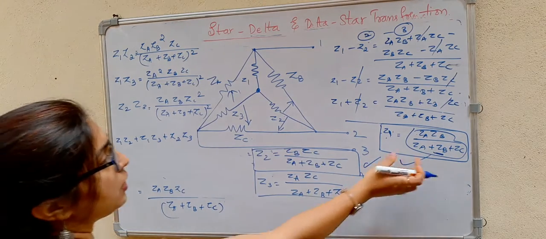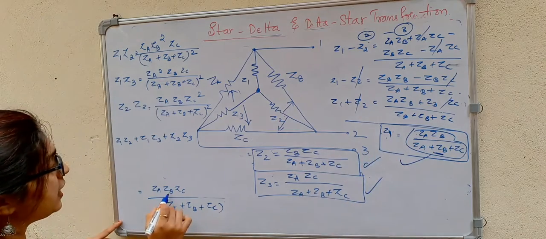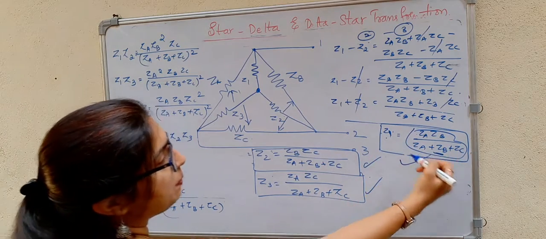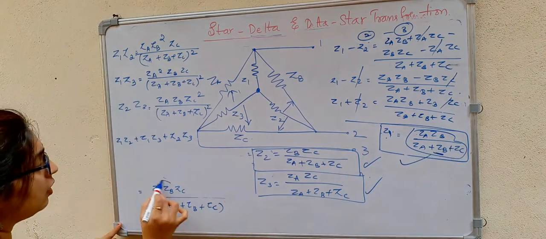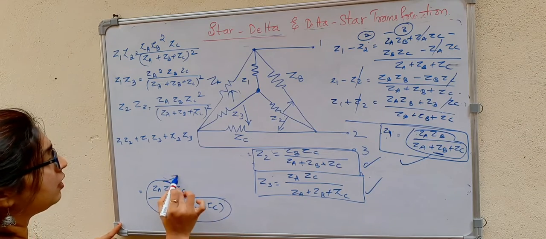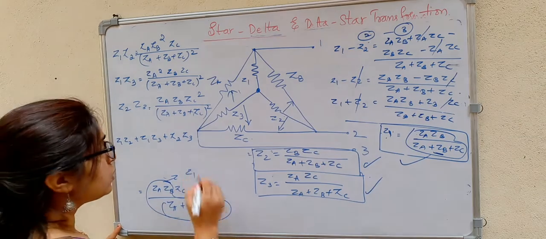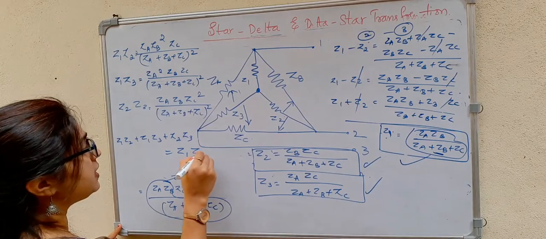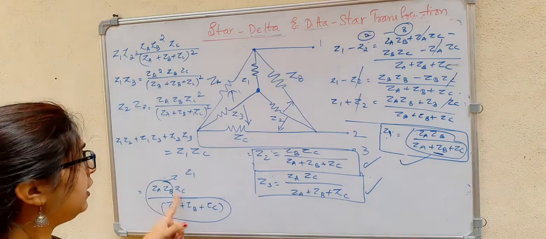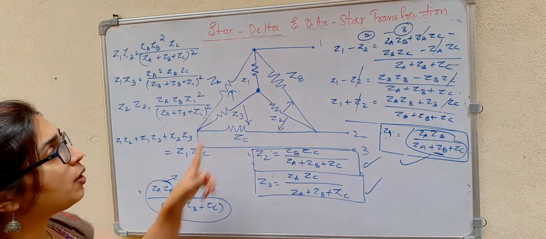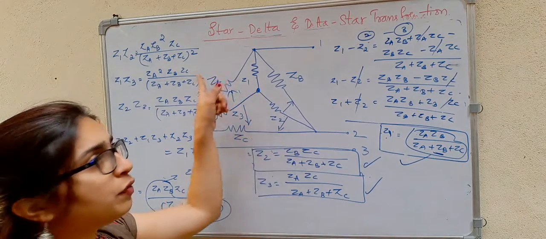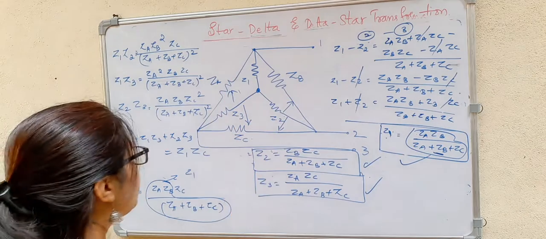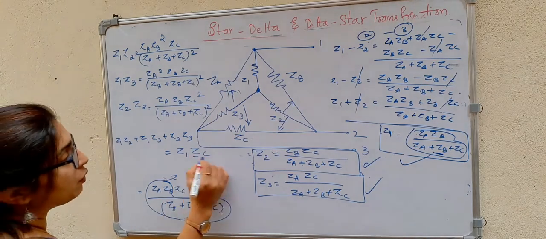Now from this, you know ZAZB divided by ZA plus ZB plus ZC is Z1. This is your Z1, so this can be written as Z1 into ZC. Now we have to find ZC, the delta parameter.